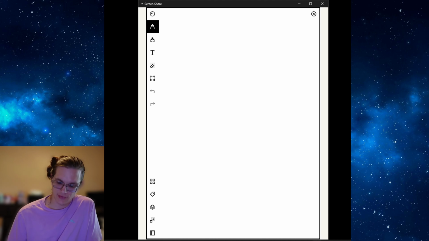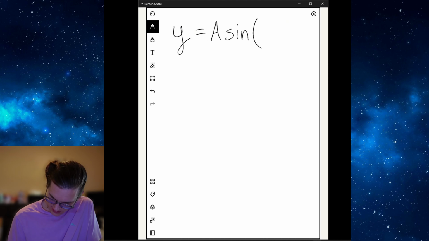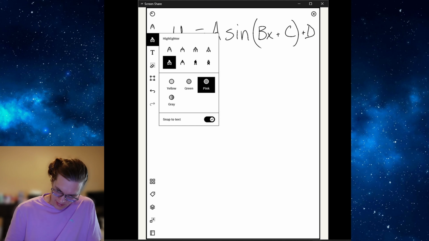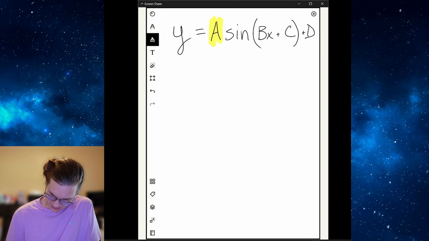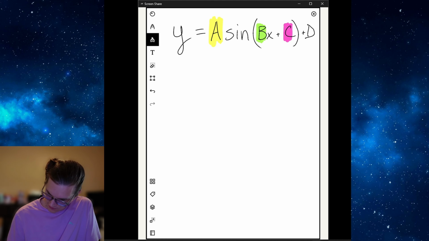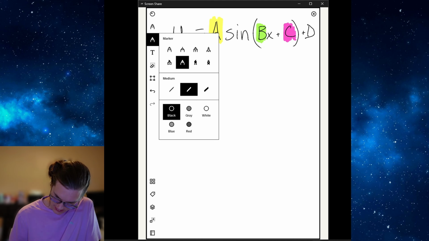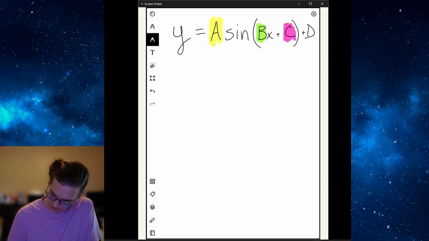So the full general equation, as we call it now, we have a sine of bx plus c, plus d. We have our magnitude, our amplitude, we have our period, which is based on b, we have our horizontal shift, and then I run out of colors, which is so sad when it happens.